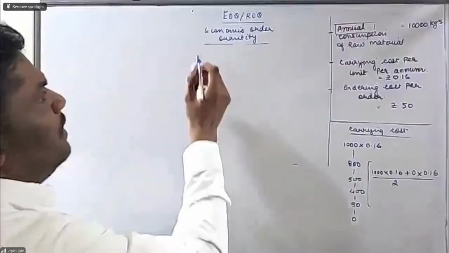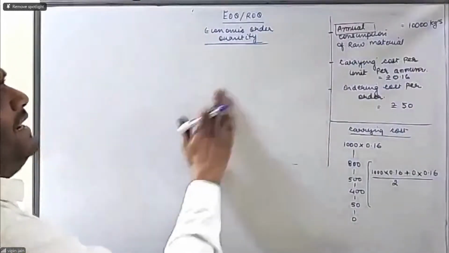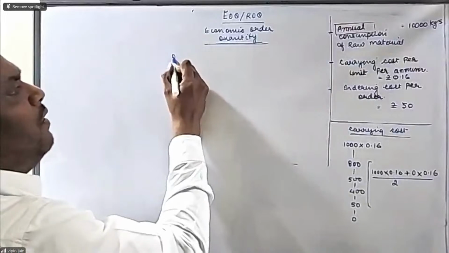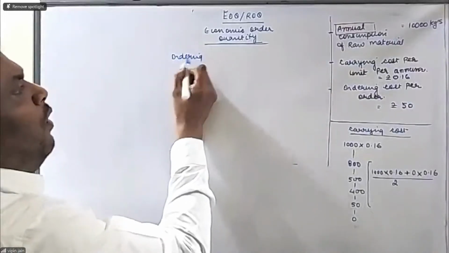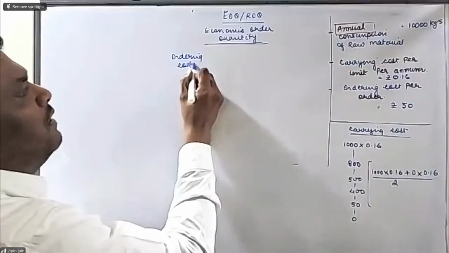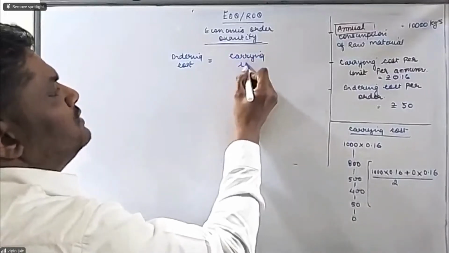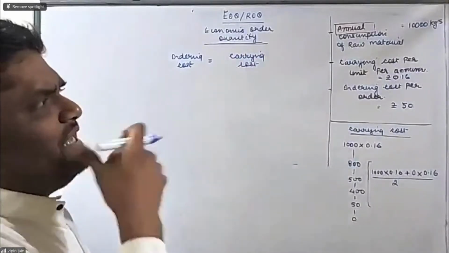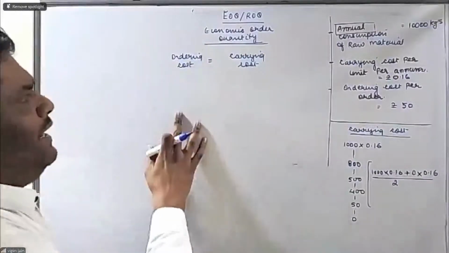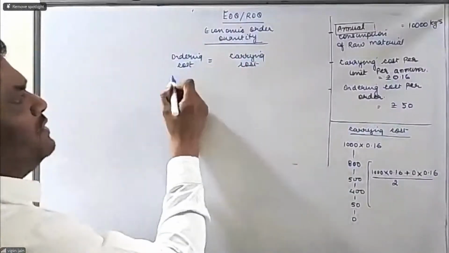Now, as I said, at economic order quantity, ordering cost is equal to carrying cost. So let's take the short form. Every time we will not write ordering cost and carrying cost in full.